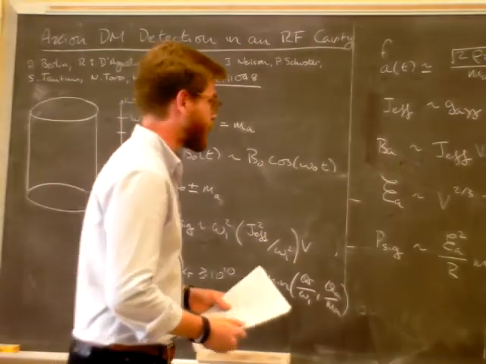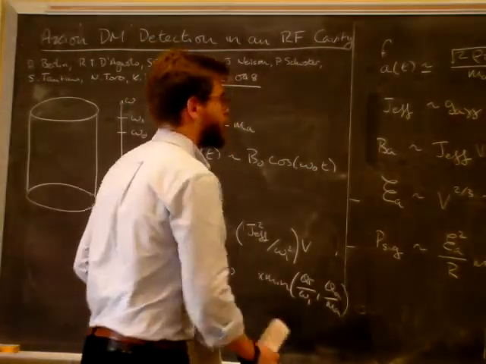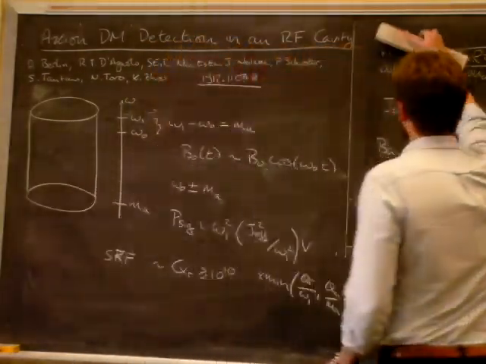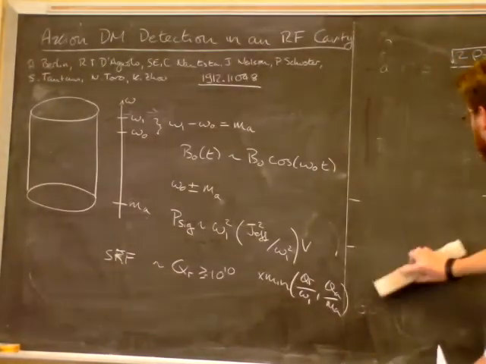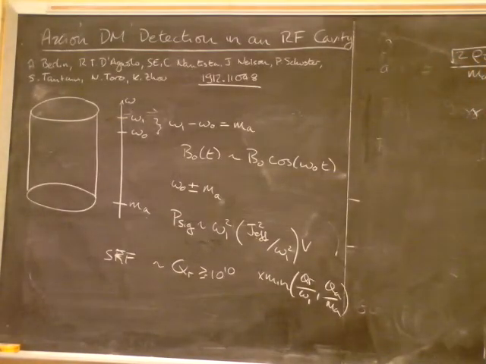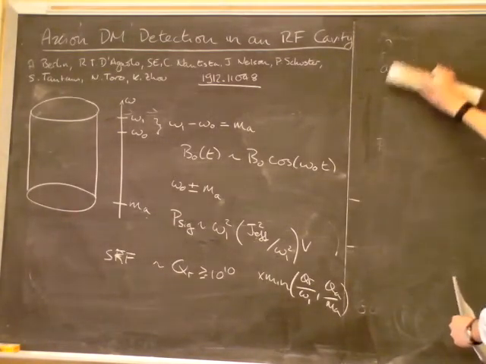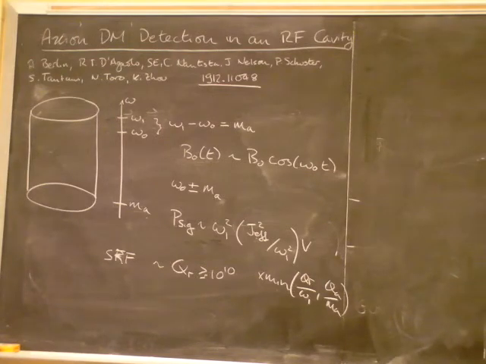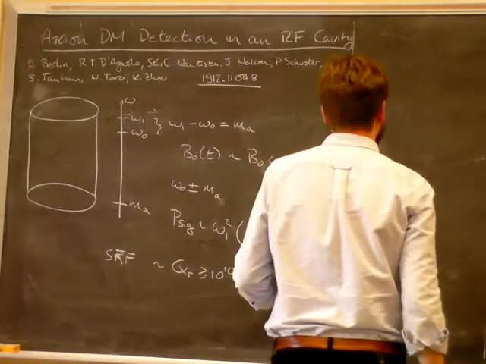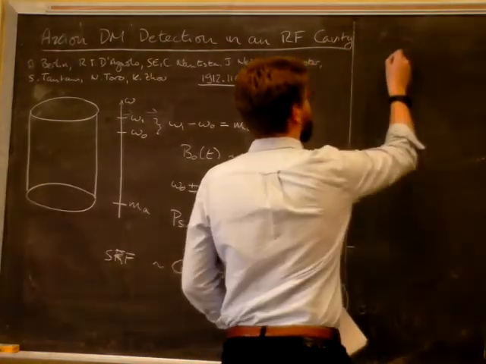Okay, so let's do a quick comparison of what our signal powers look like in the approaches that are suitable for low mass axions to see exactly what the apples to apples comparison is for the signals. So the signal powers themselves, or rather the SNR.